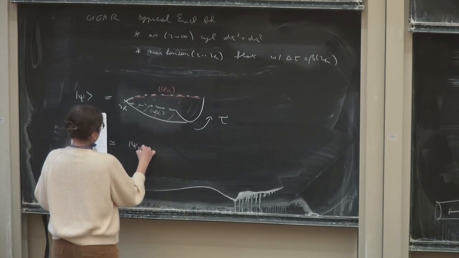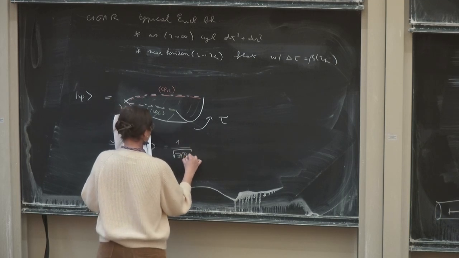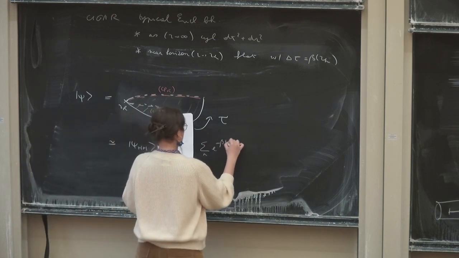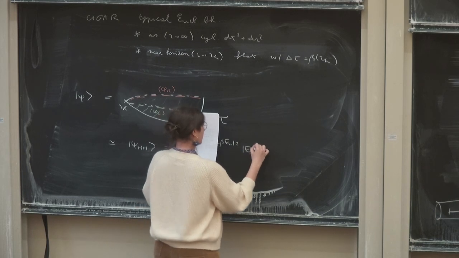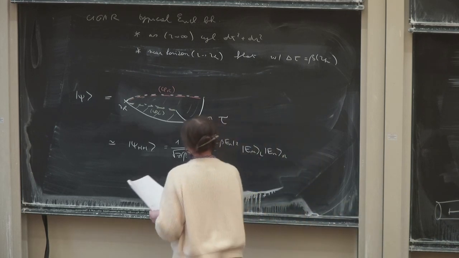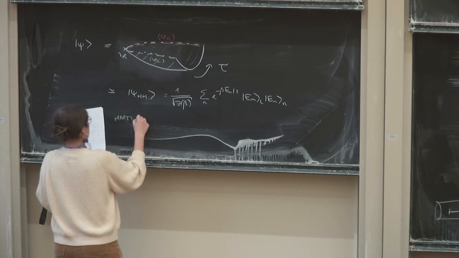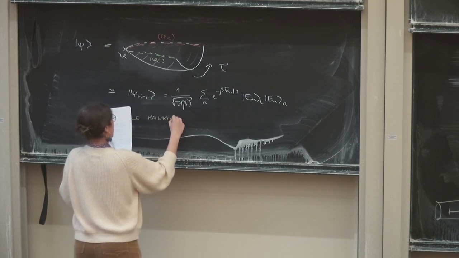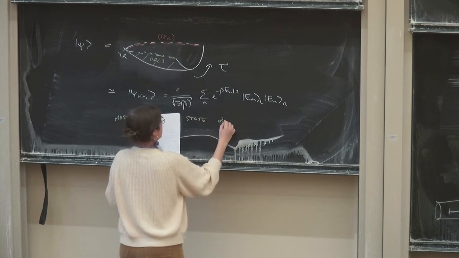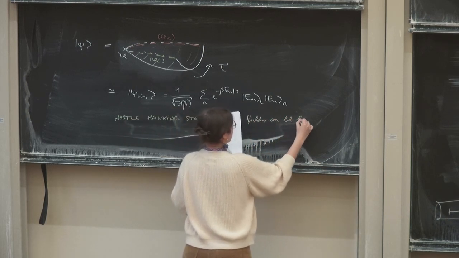So this, up to normalization, which I'll add now, is the Hartle-Hawking state. So the normalization is not in the picture, but I'm adding it in the formula. So this is the Hartle-Hawking state of quantum fields on a black hole background.